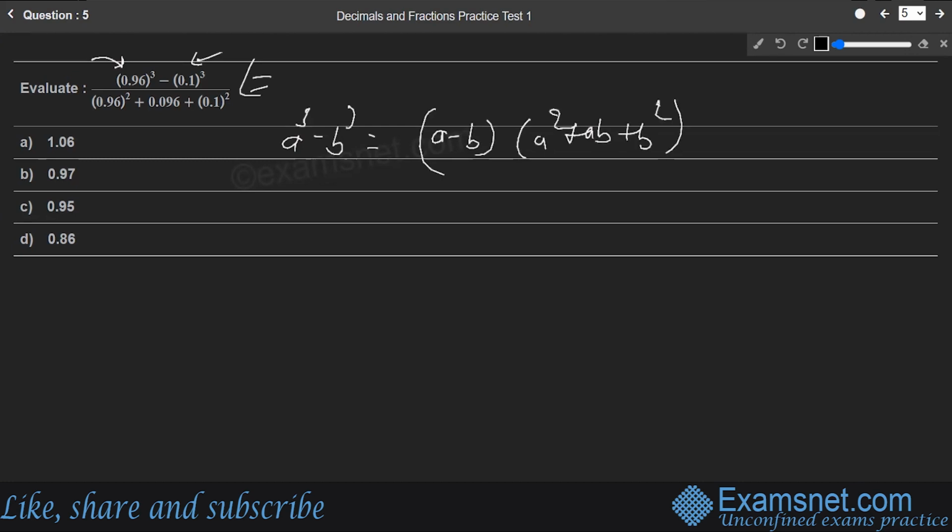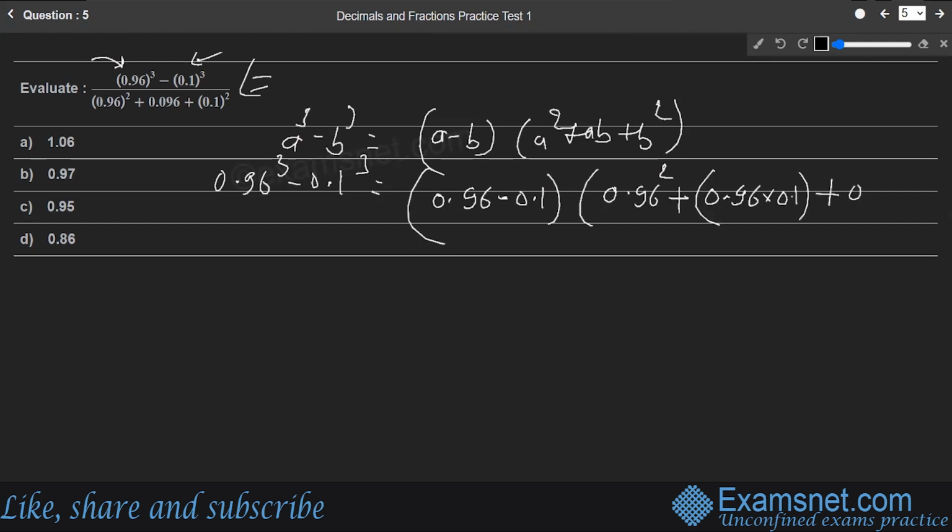We're going to use this formula in the numerator. With a being 0.96 and b being 0.1, 0.96 cube minus 0.1 cube can be represented as 0.96 minus 0.1, that is a minus b, times the bracket: 0.96 square plus ab, that is 0.96 into 0.1, plus b square, that is 0.1 whole square.